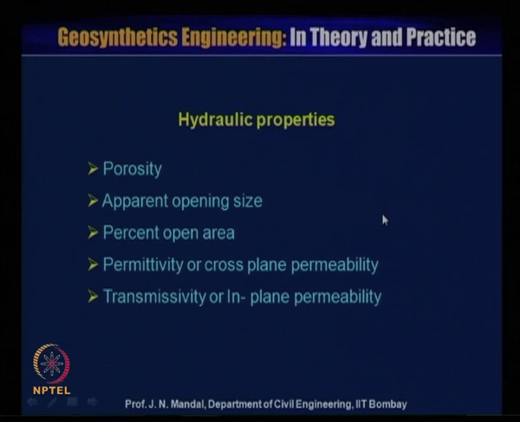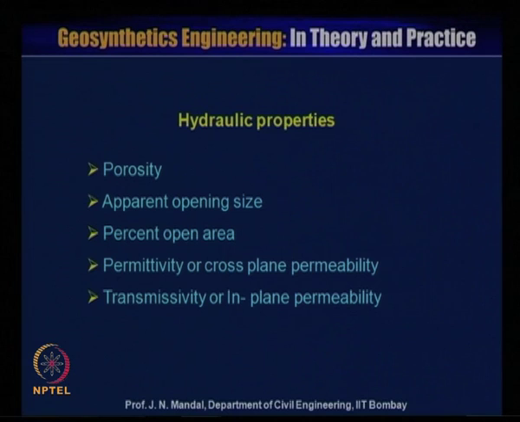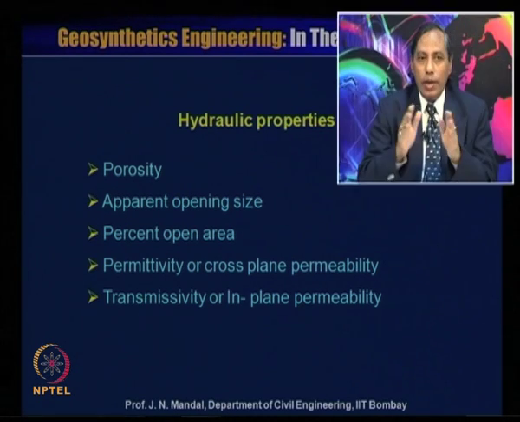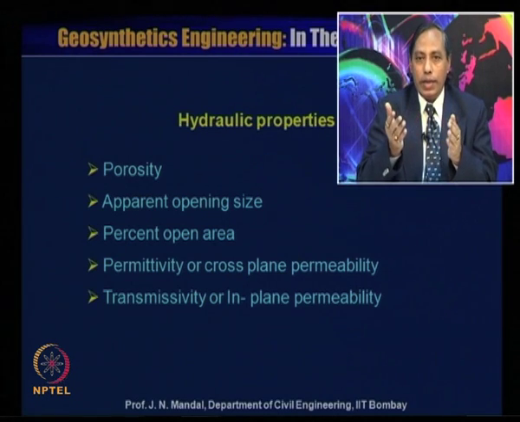So, hydraulic properties now. We talked about all the strain related problems for the geotextile, geogrid and the geomembrane. So, it may be an application for the wall, for slope stability problems, embankment problems, but also we want to check the properties of the geosynthetic material in hydraulic related, coastal related problems.